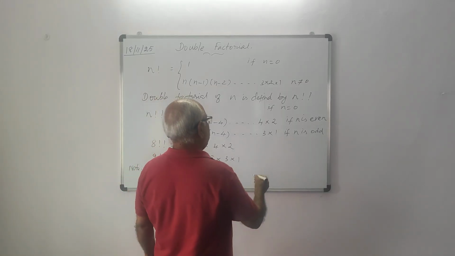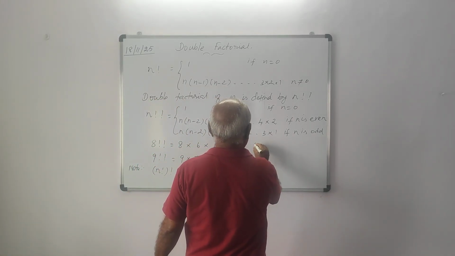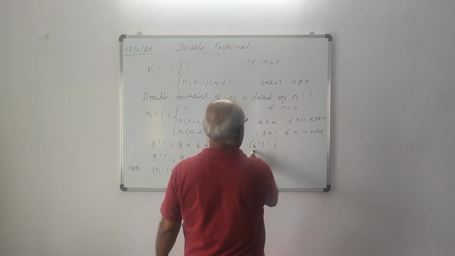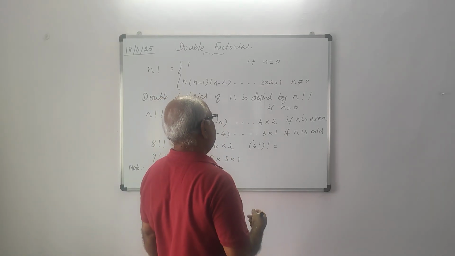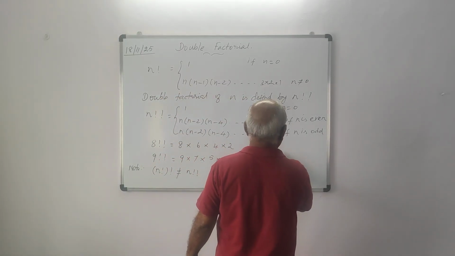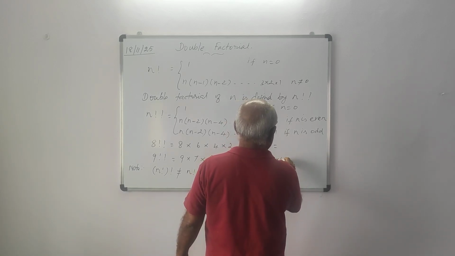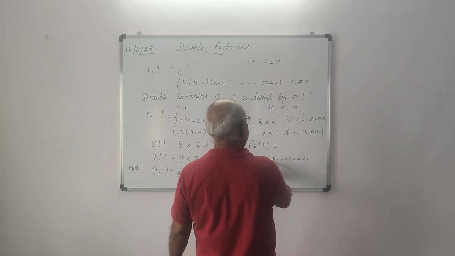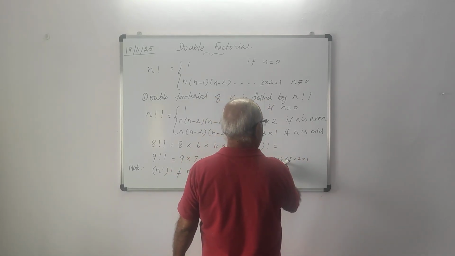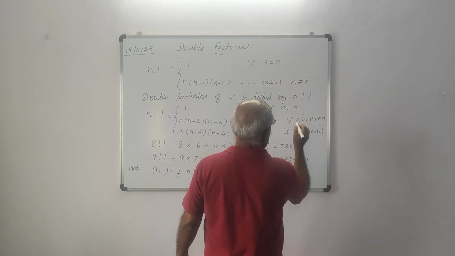For example, see 6 double factorial. 6 factorial factorial is, 6 factorial is, you know, 6 into 5 into 4 into 3 into 2 into 1, which is 720. 720 factorial.